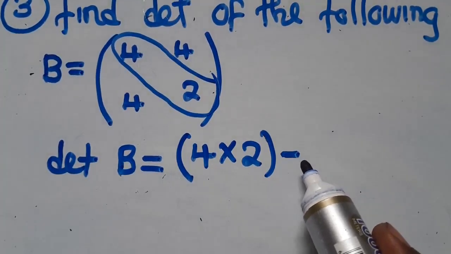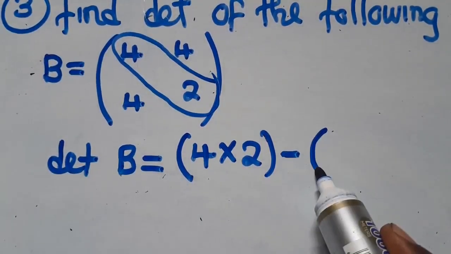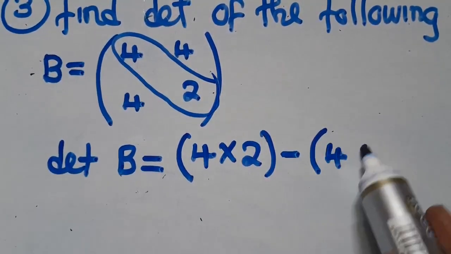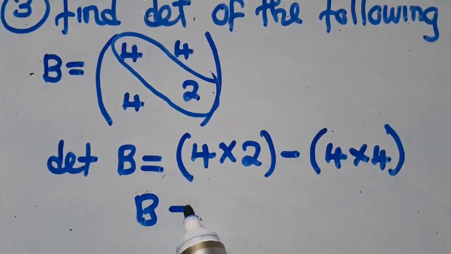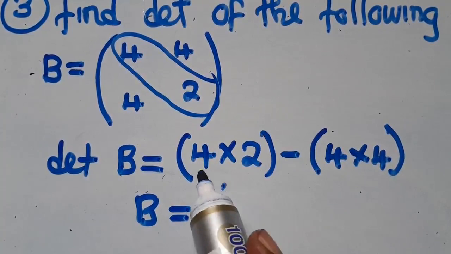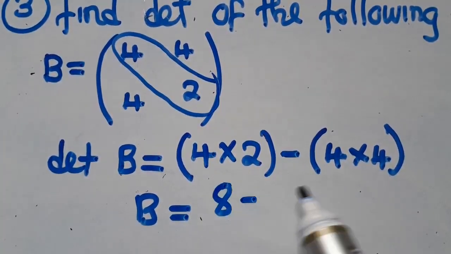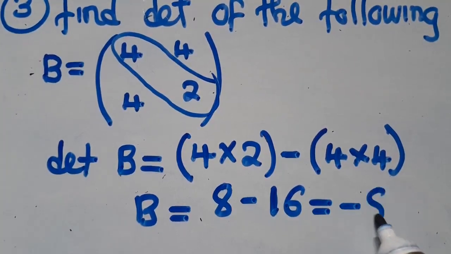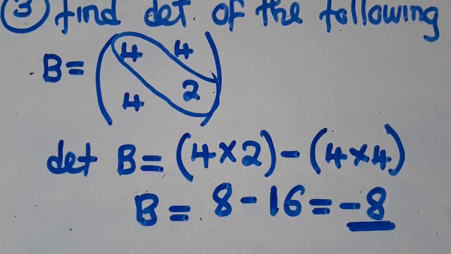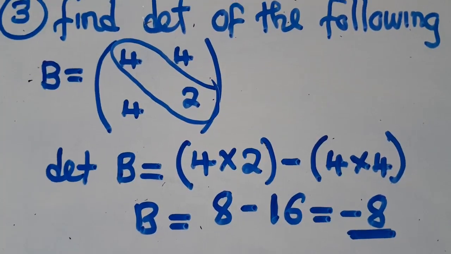It's just there in the formula. Minor diagonal, you've got 4 times 4, like this. This is equal to 8 minus 16. Your answer will be -8. That is your determinant. That's how you need to find the determinant, as simple as that.